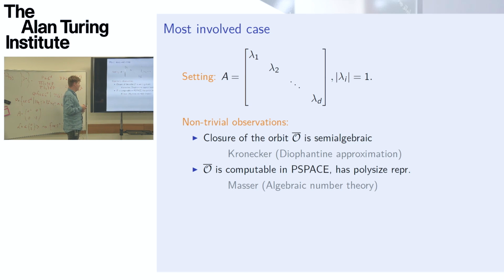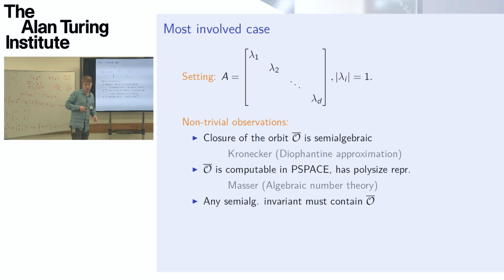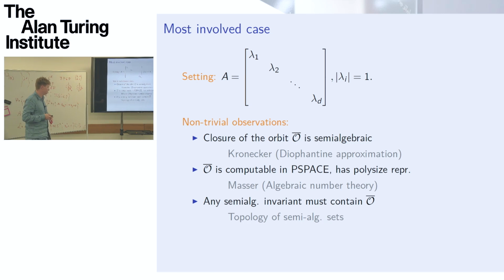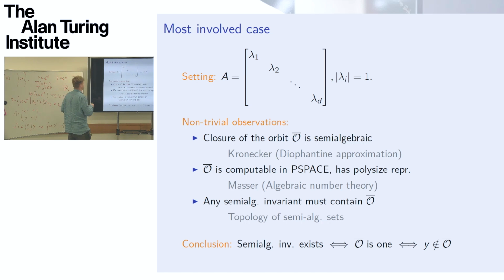Okay, and then there's just that any semi-algebraic invariant must contain the closure of the orbit. This is quite obvious if you take a closed semi-algebraic invariant. It's actually true for any semi-algebraic invariant, and this is just a little bit of topology. So as a conclusion, in this setting a semi-algebraic invariant exists if and only if y is not in the closure of the orbit, because the closure is always semi-algebraic, and since we have this condition, we have the reverse, okay?